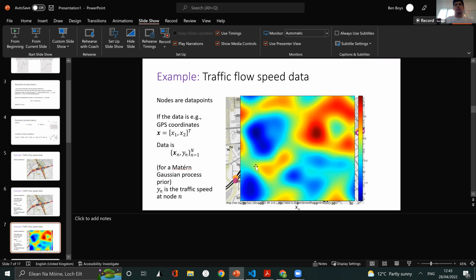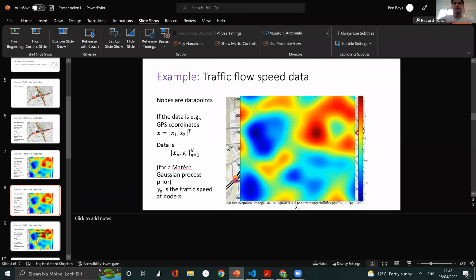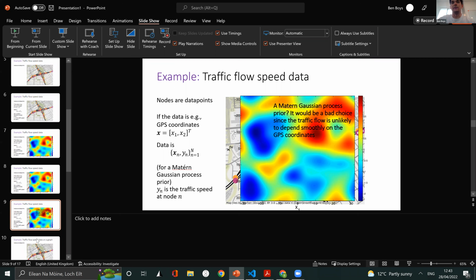When you make a prior, you're making assumptions about the data set, and this is not a good assumption. It would be a bad choice because the traffic flow is unlikely to depend smoothly on the GPS coordinates.